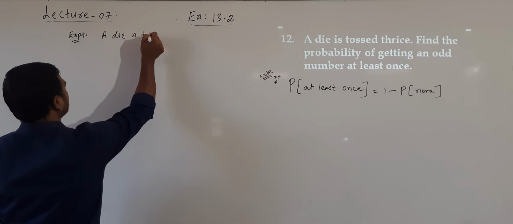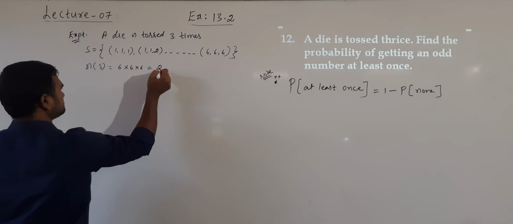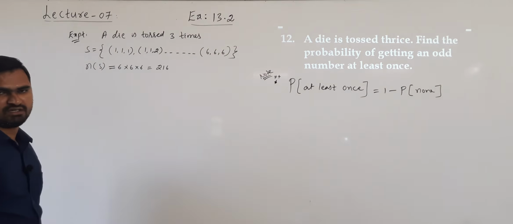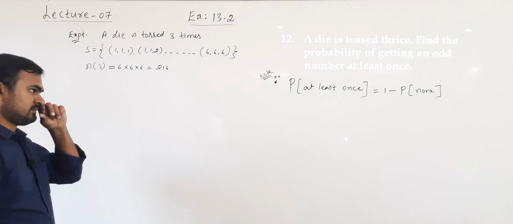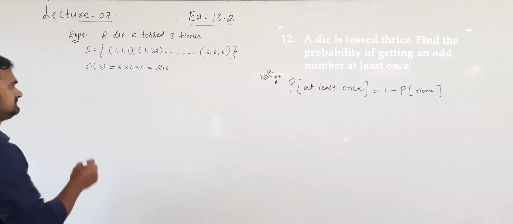The sample space, if I want, I can write 1 1 1, 1 1 2 and so on up to 6 6 6. So n of S is 6 into 6 into 6, which is 216. Okay, total number of outcomes is 216. Now here we are finding the probability of getting an odd number at least once.